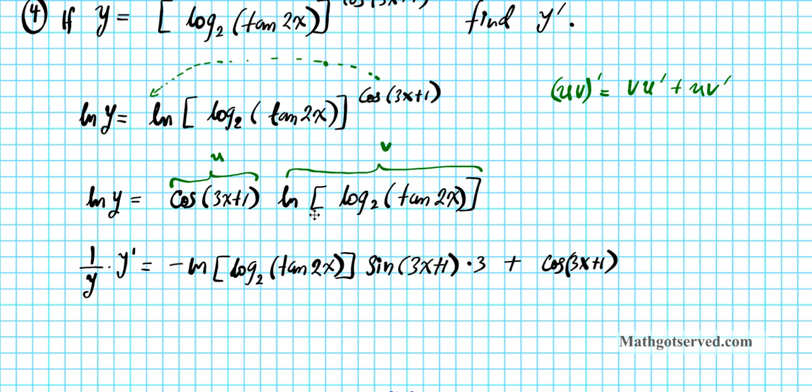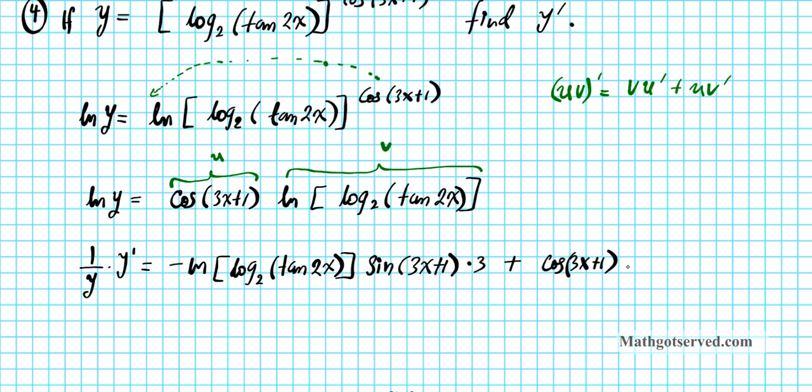Now if we differentiate this, the natural logarithm of that, if you're looking for v prime, the derivative of v is going to be 1 over u, okay, times the derivative of that.